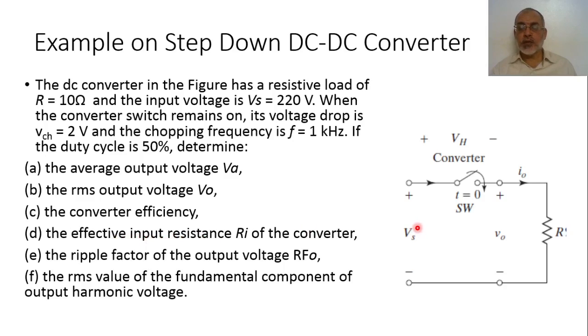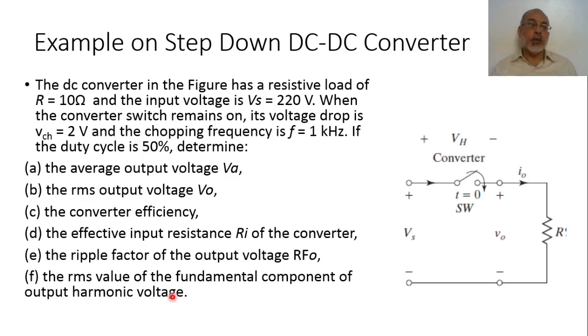As we have seen in the previous video, the input resistance at the source is R over K. So what is the input resistance of the converter? What is the ripple factor of the output voltage? What is the root mean square value of the fundamental component of the output harmonic voltage? Here we are talking about the harmonics, so we are going to see the harmonics too.